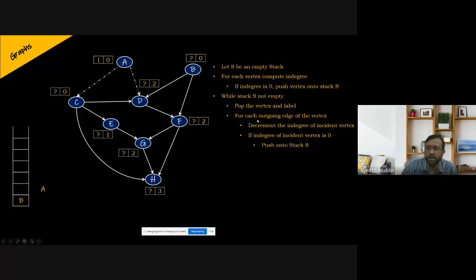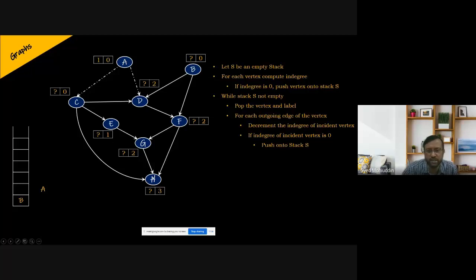Then for each outgoing edge from the vertex, so from A, the outgoing edges to C and to D, we decrement the in-degree of the incident vertex. Here the in-degree of C was 1, if you remember, in the previous slide, and for D the in-degree was 3. So the in-degree of C has become 0 because we have decremented it, and for D it has become 2.